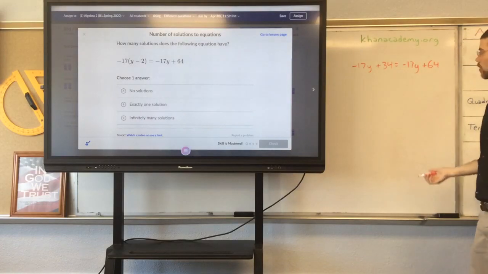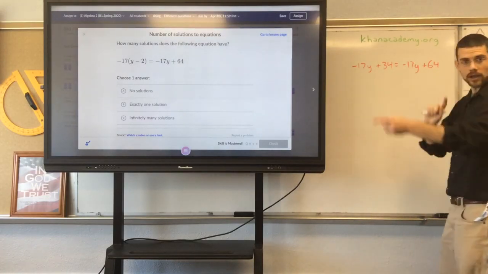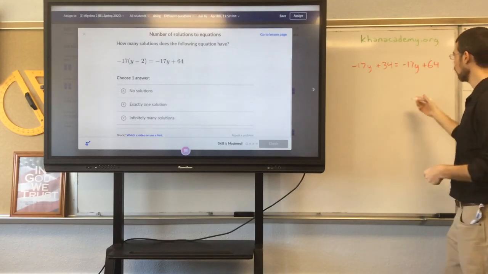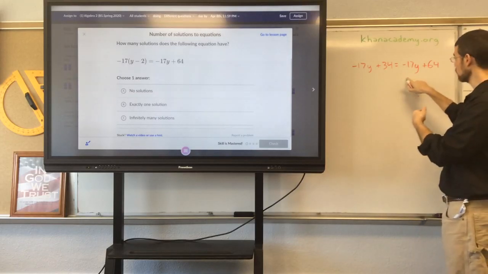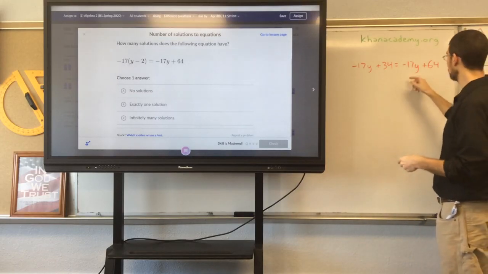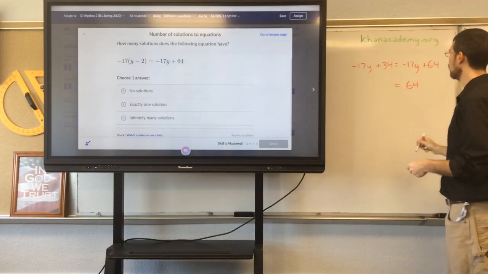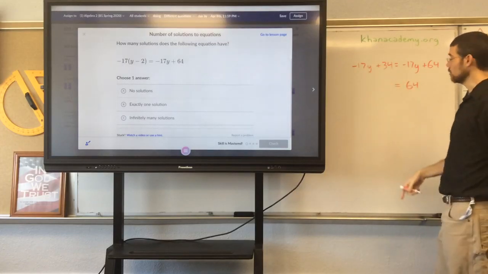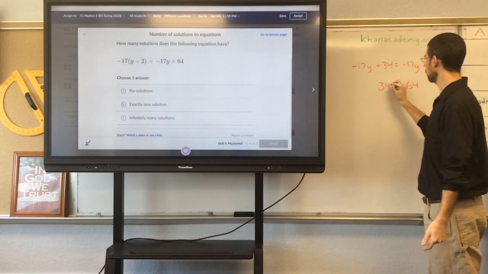So here's our somewhat simplified equation. So I want all my y's on the same side of the equation, so I'm going to add 17y to both sides. If I add 17y to negative 17y, that's 0. So this side of the equation says 64. If I add 17y to negative 17y, that's also 0. The only thing left on the left side of the equation is 34.